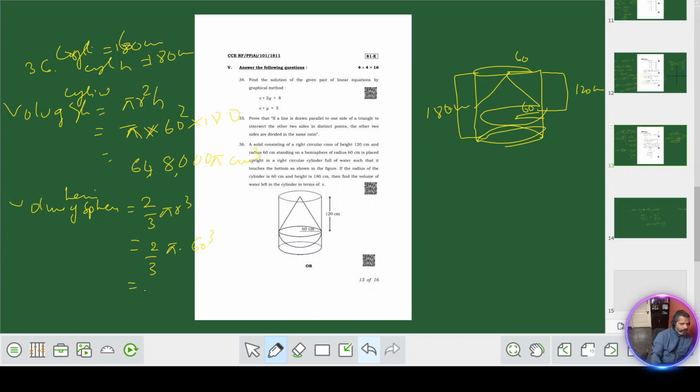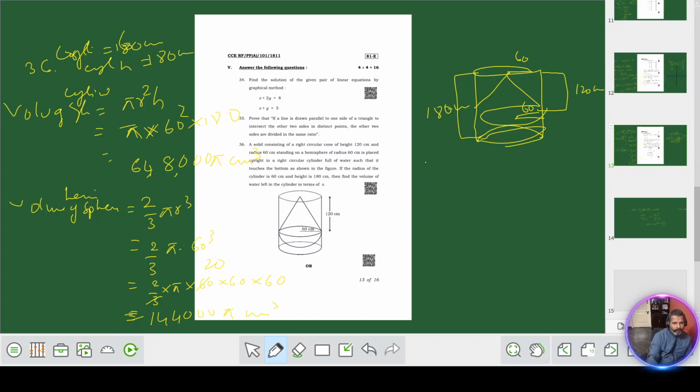So on simplification, you get 2 by 3 into pi into 60 into 60 into 60. 6 is 36, 36 into 2 is 72, 72 into 2 is 144. 144,000 pi cm cube.